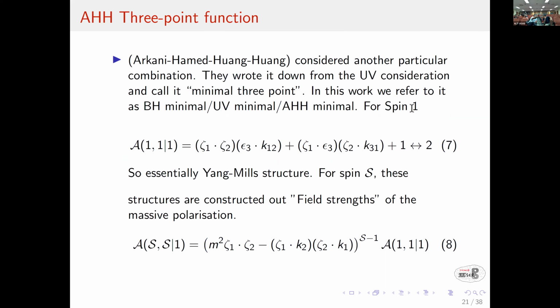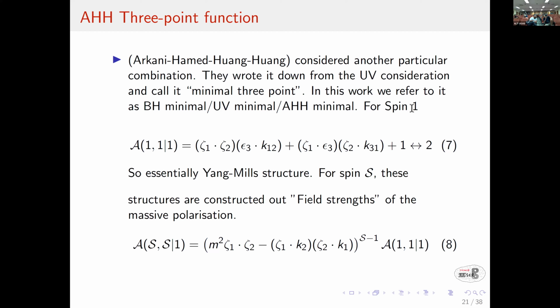Now there comes the important piece: what is the 3-point function of the black holes? In this part, these three people, Arkani-Hamed, Huang and Huang, postulated that the 3-point function is of this form. It's a very particular linear combination of the 2s plus 1 3-point functions.